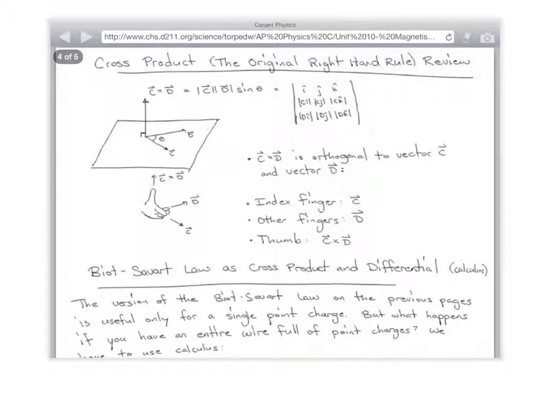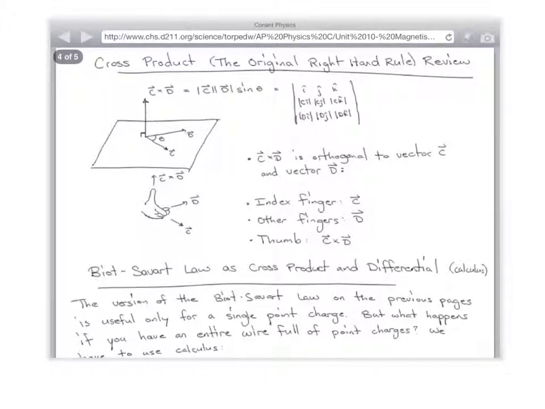But you do need to know how to use the true full version of the right-hand rule. All right, so everybody pull out your right hand. Let's say we want to calculate the cross product of vector C and vector D. Take your right hand. Let's say C points this way, D points that way.